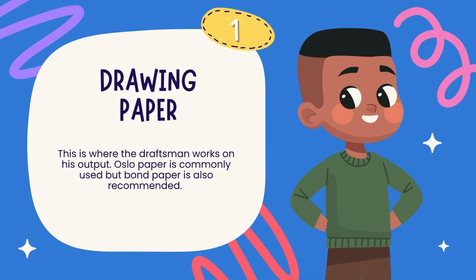Blueprint paper, special paper used in traditional blueprint processes, where drawings are reproduced in white lines on a blue background. Detail paper, a semi-transparent paper used for making detailed sketches or preliminary drawings before the final version. Drafting film, mylar, a strong, plastic-based material that resists tearing and moisture. It is commonly used for professional or archival drawings that need to last a long time.